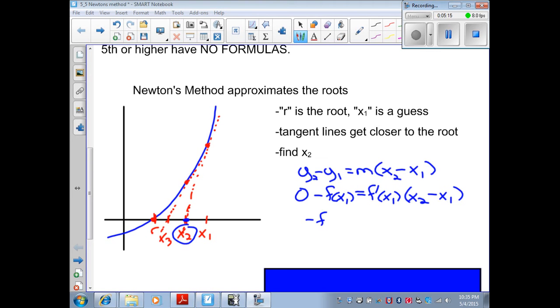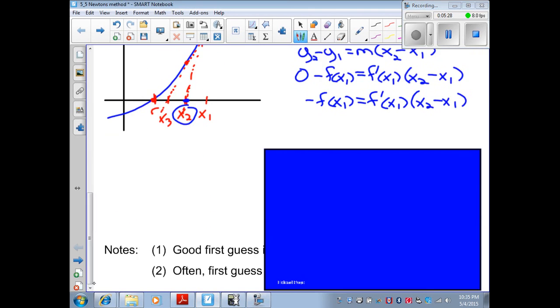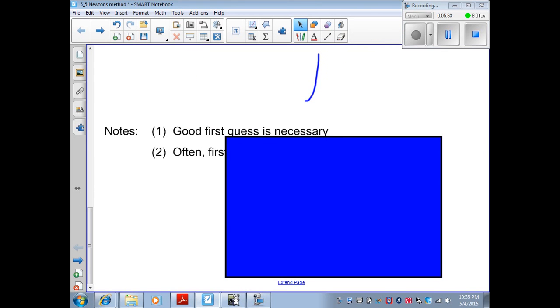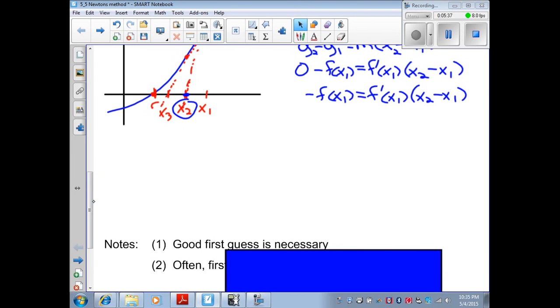So on this side I'd get negative f of x1 equals f prime of x1 times x2 minus x1. In my next step, I might divide by f prime, so I'll get negative f of x1 over f prime of x1 equals x2 minus x1.